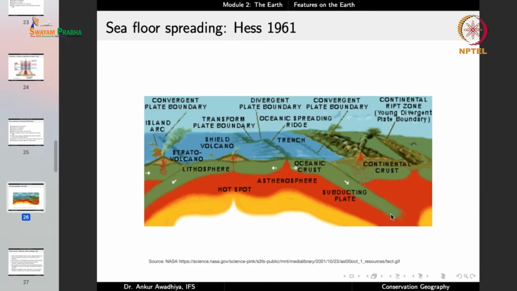It is getting downwards. Now, one way to understand this is that if you remember that the oceanic crust is having a greater density than the continental crust. And so if you have the oceanic crust and if you have the continental crust, and if both of these are coming together, the continental crust will remain on the top and the oceanic crust will slowly go down. So this is what is being proposed as a mechanism for the destruction of the oceanic crust.